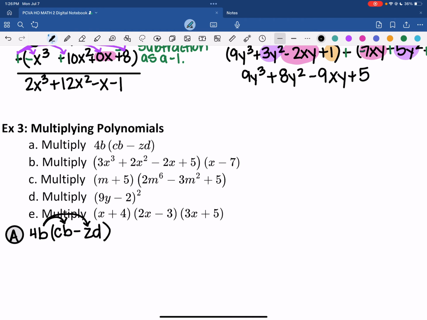So right here I have a b and a b, so that's going to turn into 8b squared. And then I'm going to do the 4b times the zd. Now, none of those have the same lettering, so that's just going to be 4bzd. So if you don't have the same letter, you can't combine. You just write them side by side.